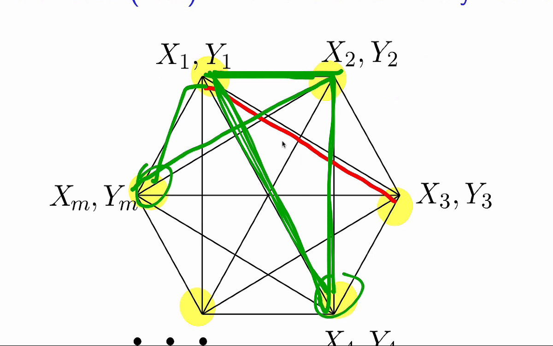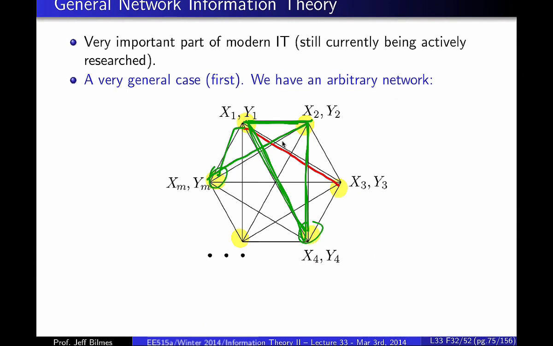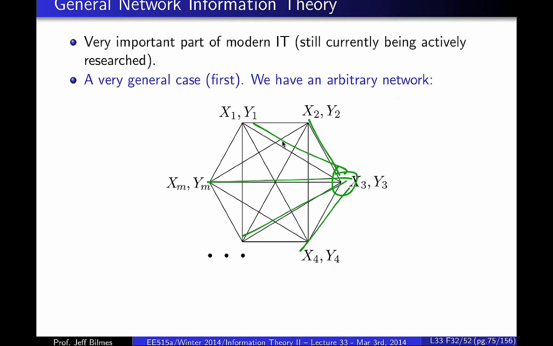Or alternatively, maybe everybody wants to send to X3. So X3 is a receiver, and everybody's trying to send to it. And maybe there's some shared channel that X3 uses, so there's this bottleneck. How do these things cooperate or communicate? The question is, do the senders get to coordinate?